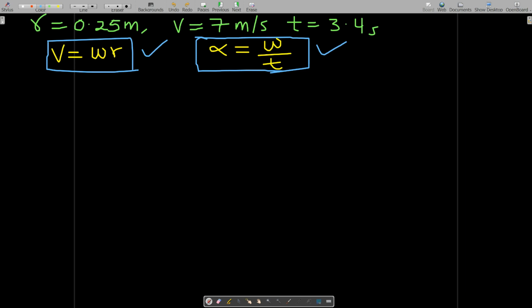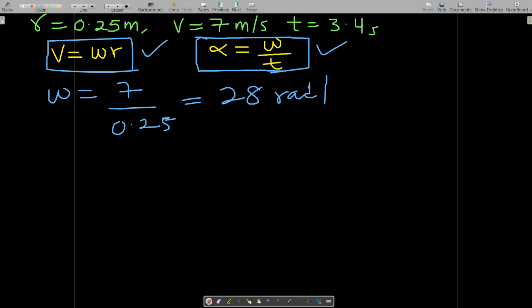My omega will be equal to v over r, which is 7 meters per second over 0.25, which is 7 divided by 0.25, the same as 28. The unit for angular velocity is radians per second.